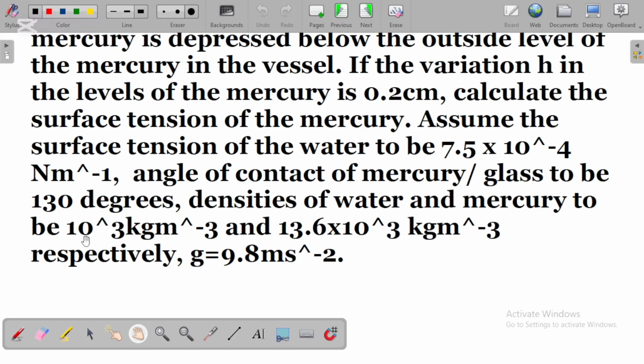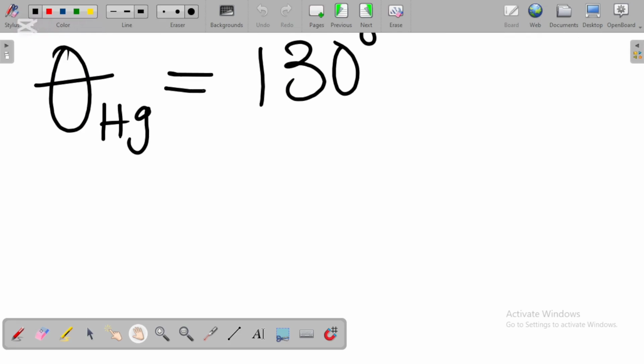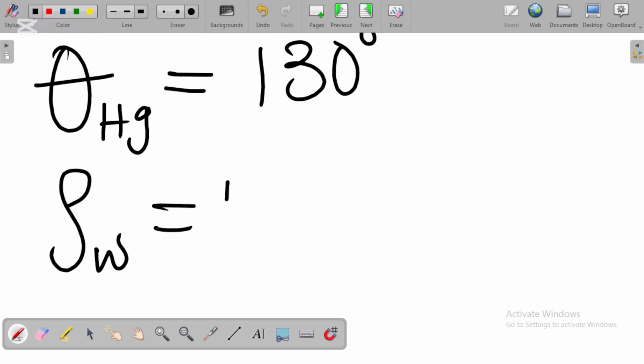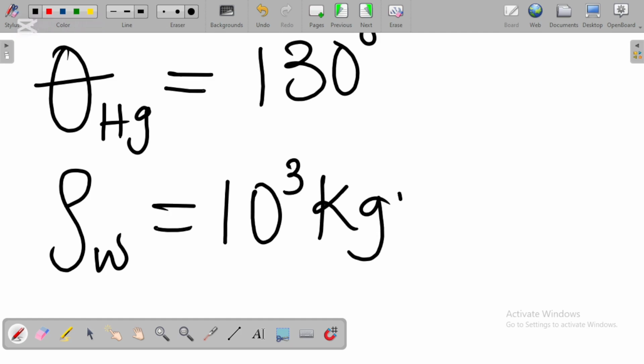So the first one here is for water. For water, the density, this is rho. Rho for water is equal to 10 raised to the power 3 kg m^-3. This is the density of water given.